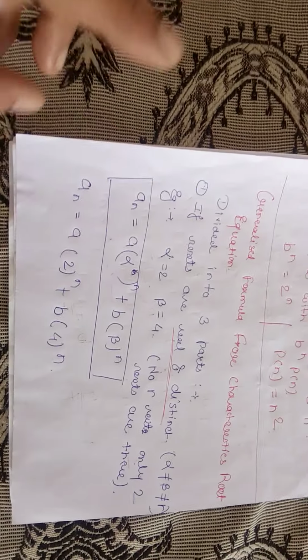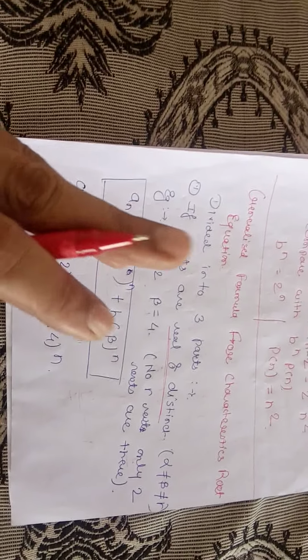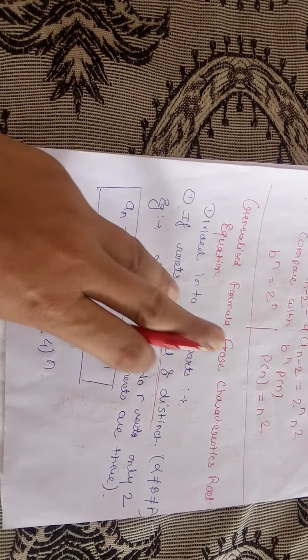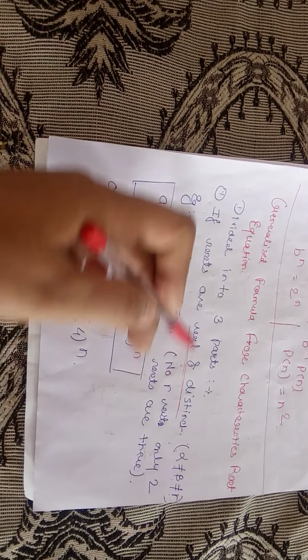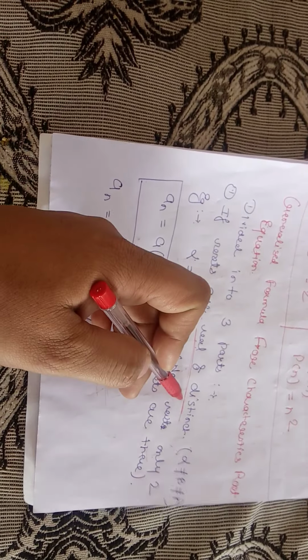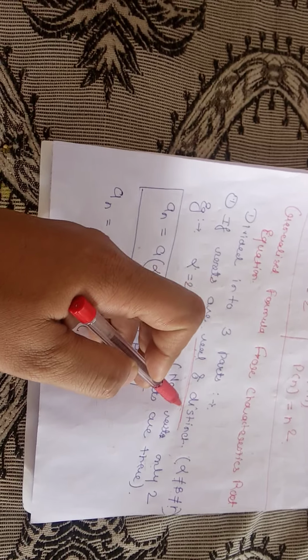If I have three roots, which are those three roots? Alpha, beta and gamma. These are the three roots that I have, and the alpha value is not equal to the beta value and the beta value is not equal to the gamma value.